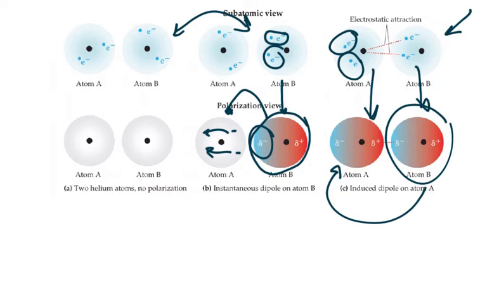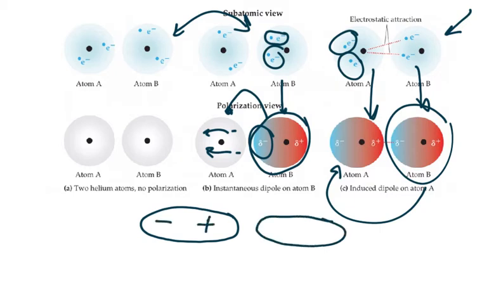So for a split second, I'm going to draw this on the bottom. We have atom A becomes polarized. I'm going to draw it like this so it's more visual. Okay? And they're temporary dipoles. All right? This is just for a split second. There's a little attraction when they become partially polarized, and that attraction just lasts for a split second.